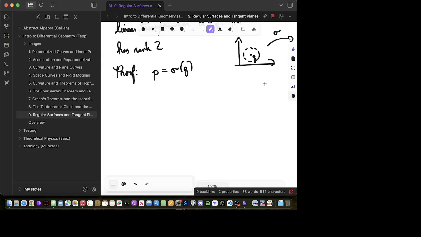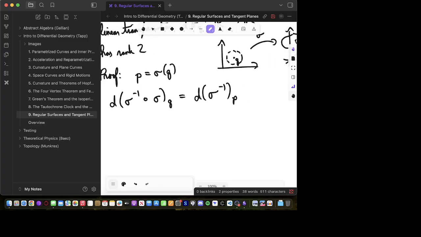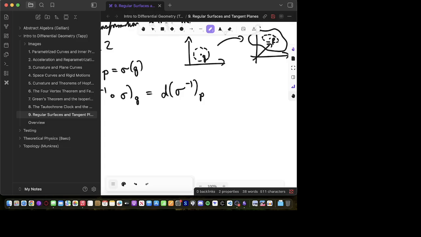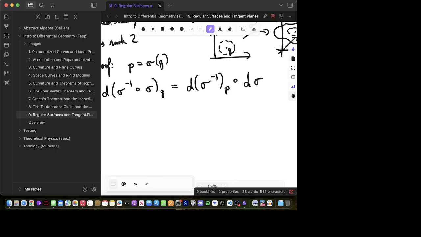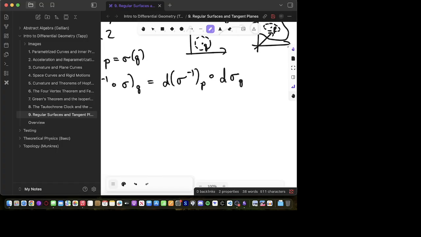The chain rule says that the derivative of the function sigma to the negative 1 composed with sigma at the point Q is equal to the derivative of the outside function at sigma of Q, which is P, composed with the derivative of the inside function at point Q.